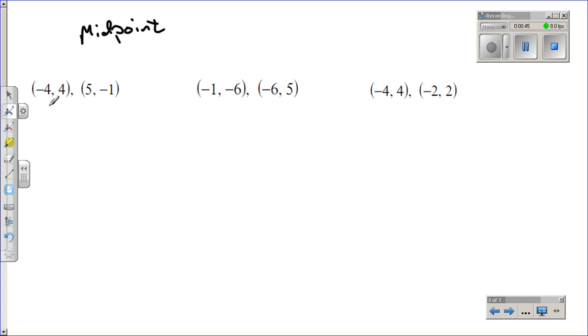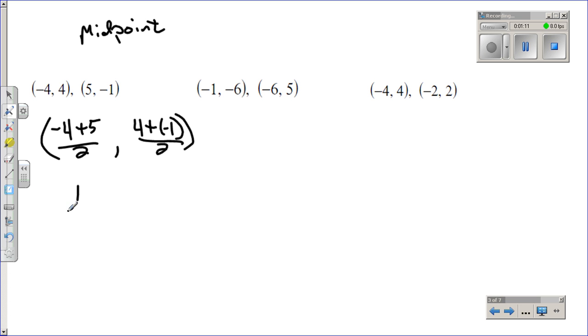Alright, so the midpoint, I'm going to go -4 plus 5 divided by 2. That's my x's. And then my y's, I have 4 and -1. So I go 4 plus -1 divided by 2. Okay, and if I do this math, -4 plus 5 is 1.